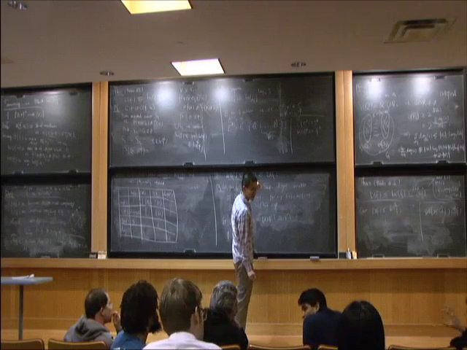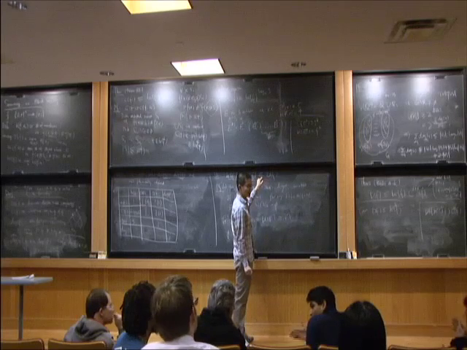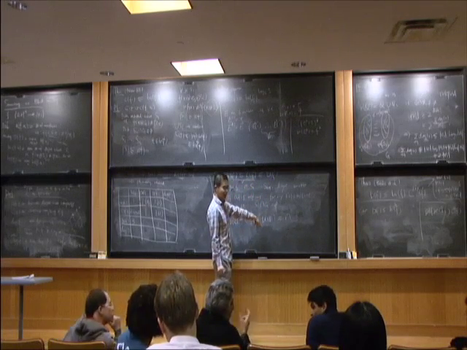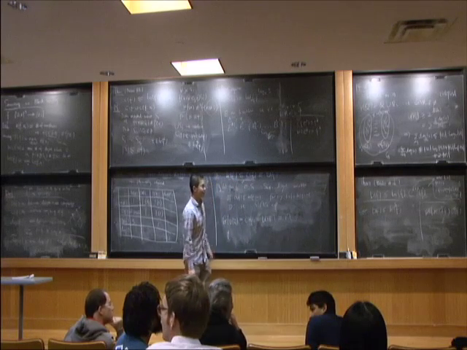Block sensitivity is less than or equal to D of f. Is there a better lower bound known? No, because if you take the OR function, then it's n. So that is tight. They're just equal.